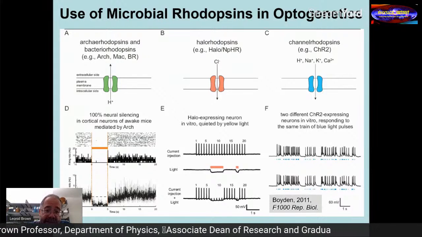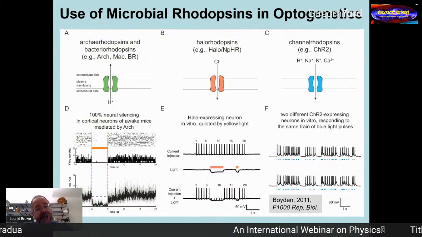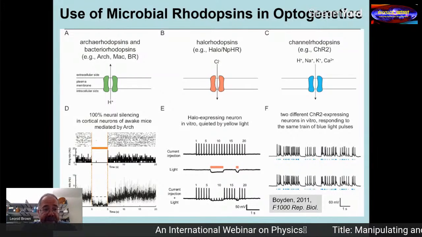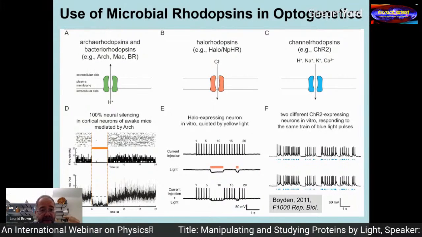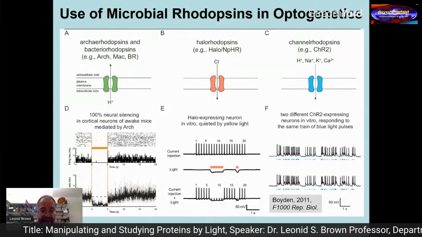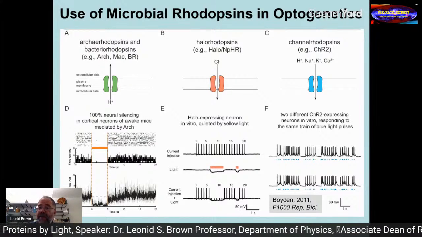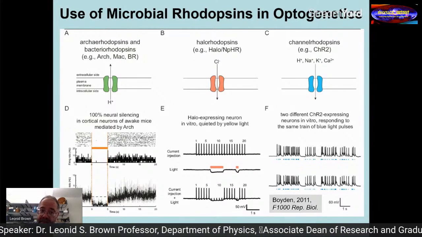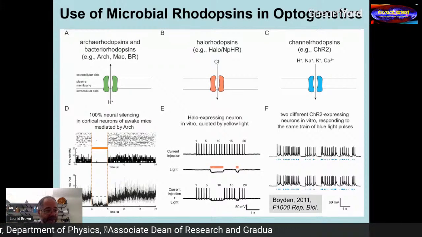All these rhodopsins have high potential to serve neuroscience and biomedicine, right? Imagine the potential where you can use these molecules to activate or to suppress neurons with light, right? So you can study our nerve systems, you can regulate it, you can maybe treat some diseases, because some diseases are uncontrollable firing of neurons.